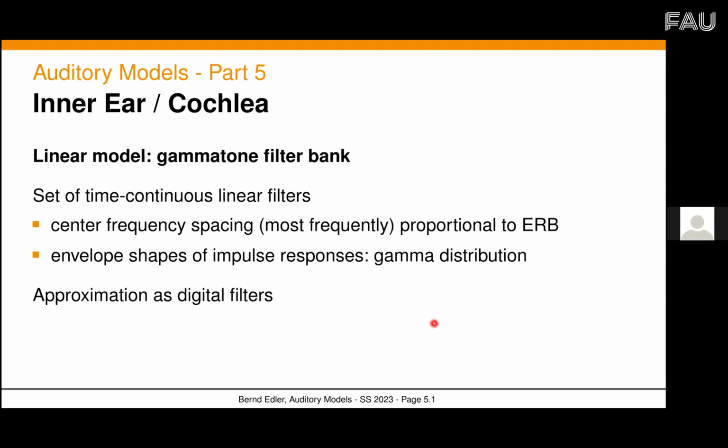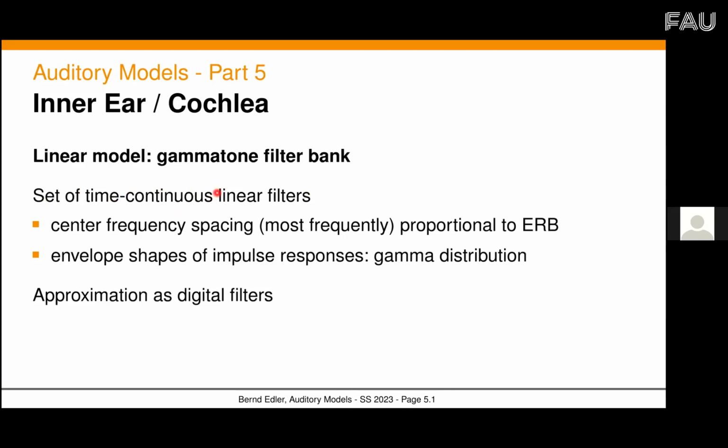A filter bank is not a single filter, but a set of filters working simultaneously. It's first introduced as a time continuous linear filter, and then transferred to a time discrete system, which can then be implemented in an actual computer model.